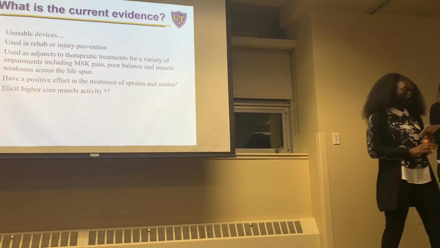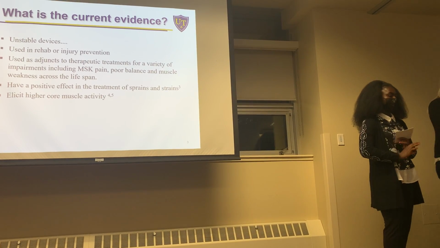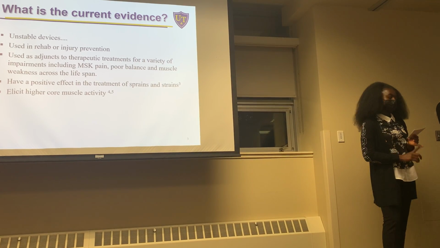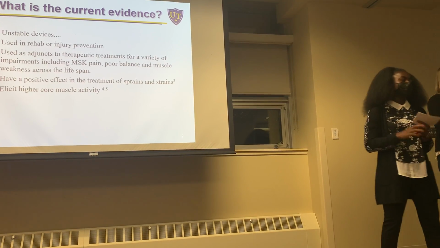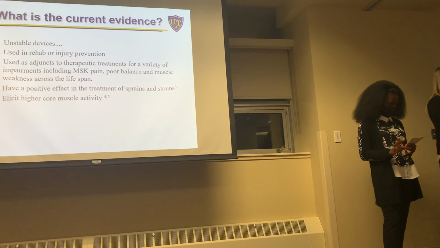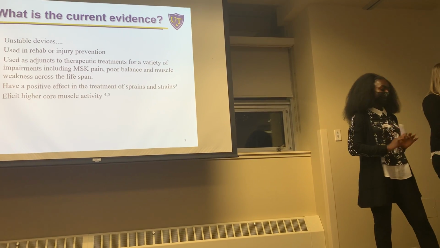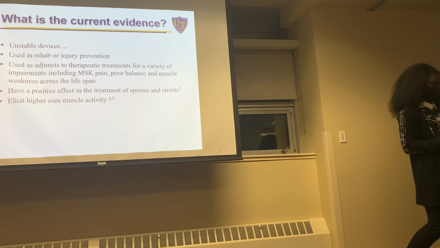We also know that they are used as adjunct therapeutic treatments in treatment of impairments such as musculoskeletal pain, poor balance, and muscle weakness. And then we also know that they have a positive effect on the treatment of sprains and strains. And then you see higher core activity as compared to stable devices.